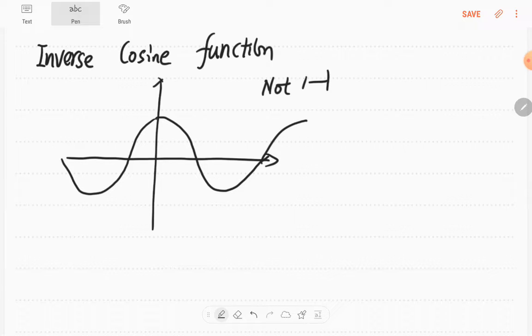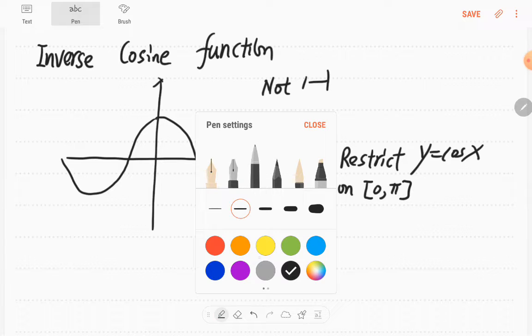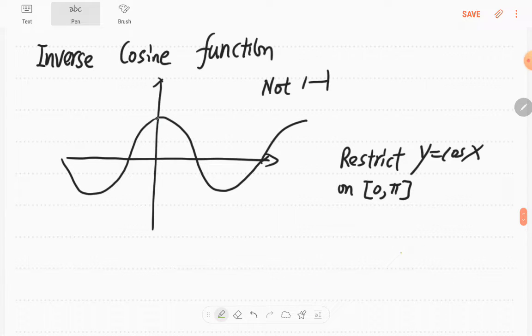But if we restrict y equals cosine x to the interval from 0 to pi, which is this one, then this is pi.